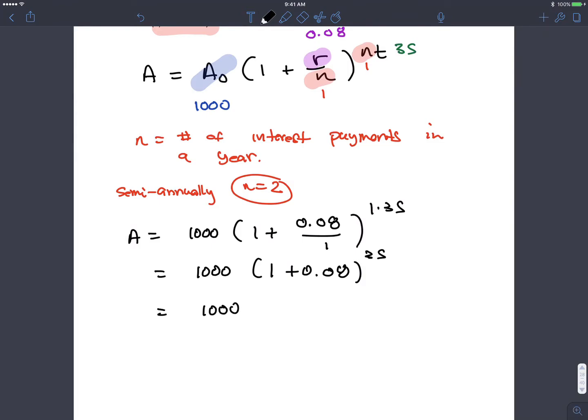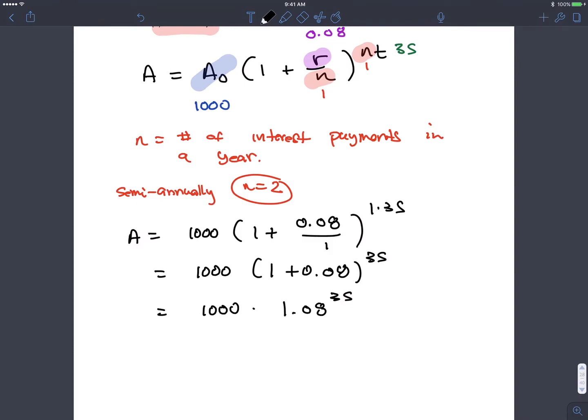I get 1,000 times 1.08 to the 35th power. And I'm going to write this a little bit clearer because I'm writing at an angle here. It's a little tough.